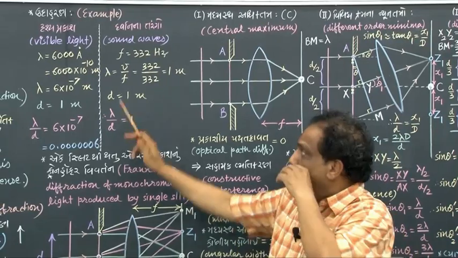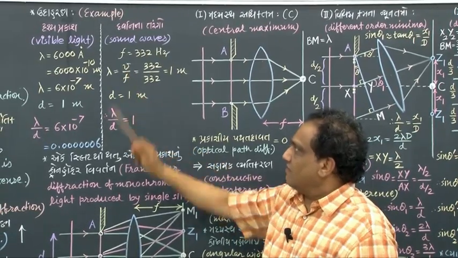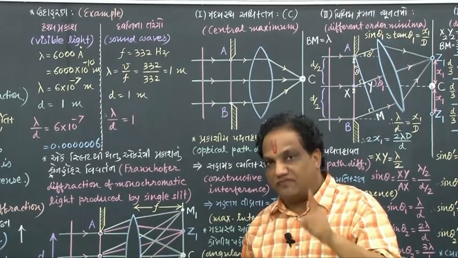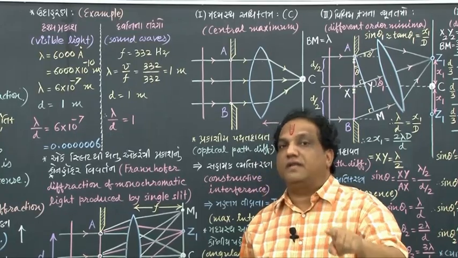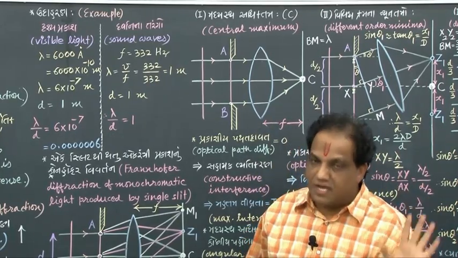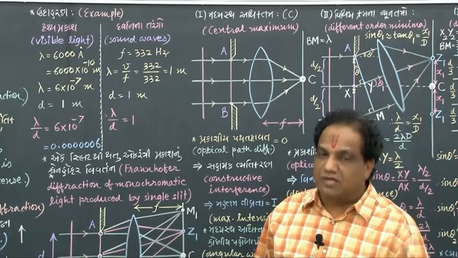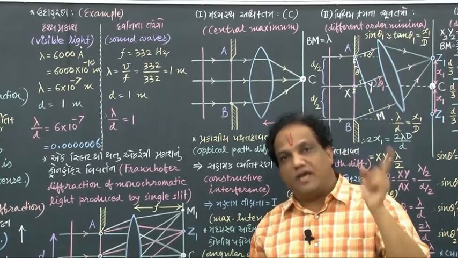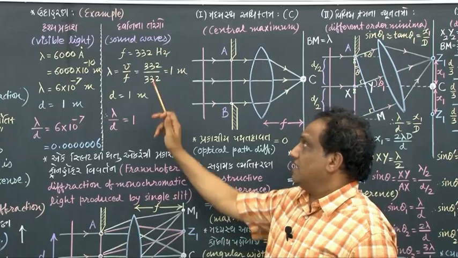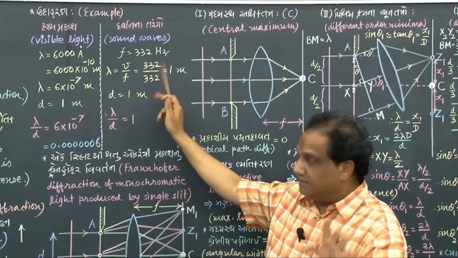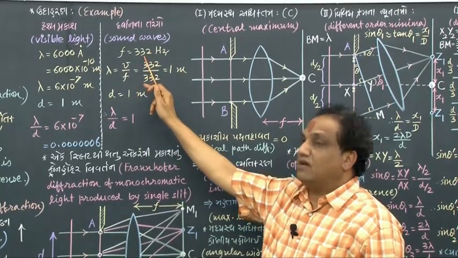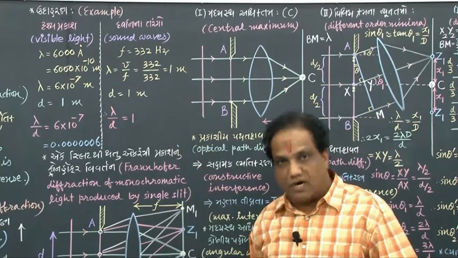V upon F. Lambda will be V upon F. What is V? Right now take it as velocity of sound waves in atmosphere at STP. At standardized temperature and pressure, the value of velocity of sound in air is found to be practically 332 meter per second, and frequency conveniently we have chosen to be 332 hertz.